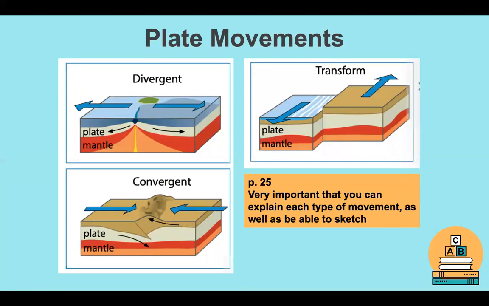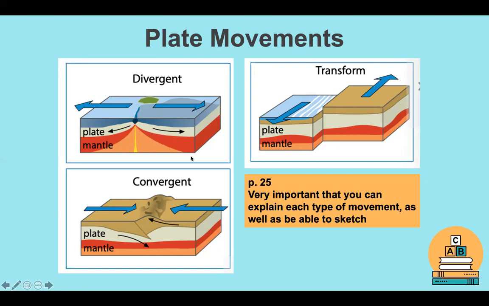So I wrote there in the orange block, it's very important that you can explain each type of movement. They have the 3 bullets on page 25, and you must also be able to sketch. You'll see in the activity that the first question is actually sketching the 3 plate movements. When I ask you to do this, it doesn't have to be in depth like this. The main thing I look at is the crust with the 2 black arrows, or these blue arrows at top, and then I want to see an upward movement in the middle.